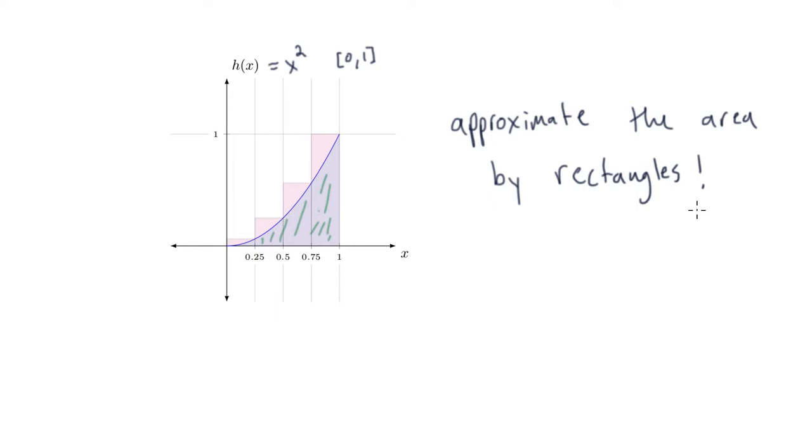Notice here, I've broken up the region into 4 pieces. So I've broken up the interval 0 to 1 into 4 parts. Another way to say this is that I have partitioned the interval 0 to 1 into 4 equal parts.